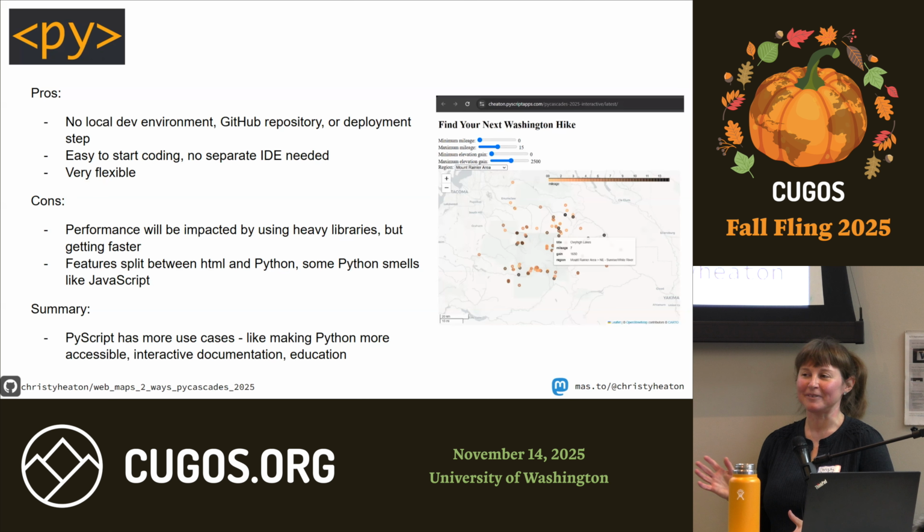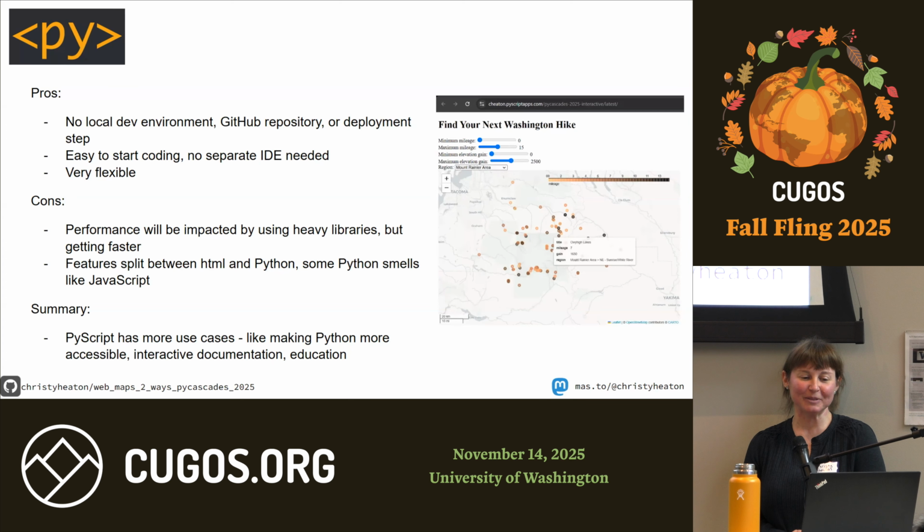So it's actually very fast if you're not making it install huge libraries, but it's very slow for me. And because it's running in the browser, you sometimes have to do browsery stuff. You might have to write some JavaScript to get your app how you want it, and you might have to write some Python that smells like JavaScript, like adding a button on click. That's not stuff that we typically have to use in Python.